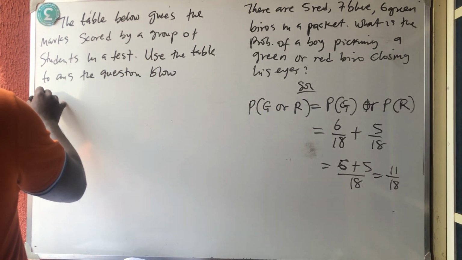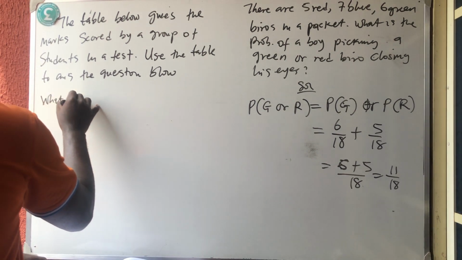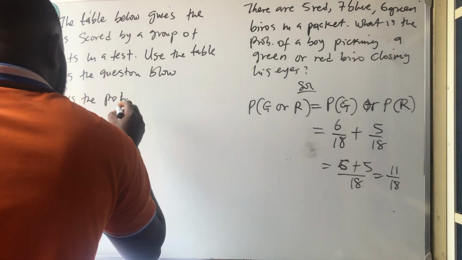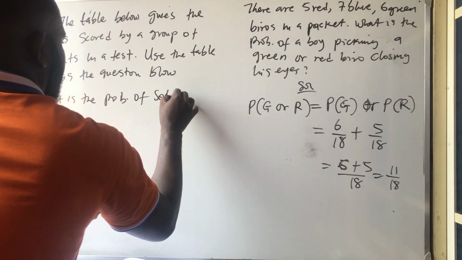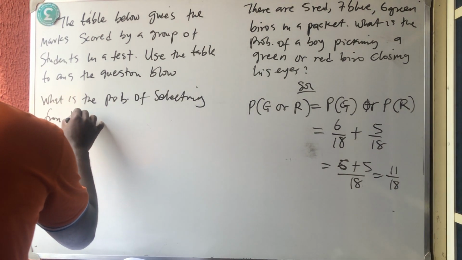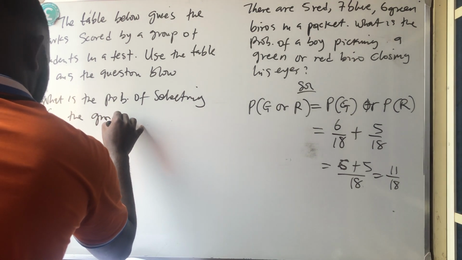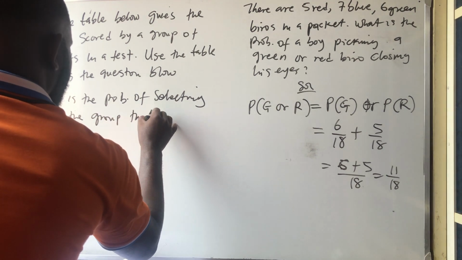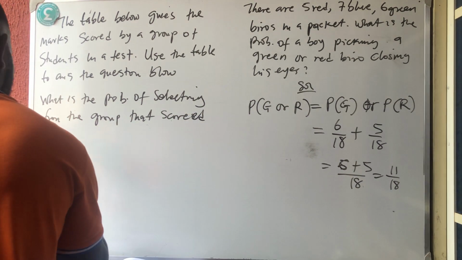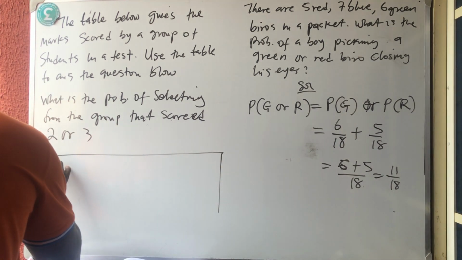And the question said, what is the probability of selecting from the group that scored 2 or 3? And this is the table.